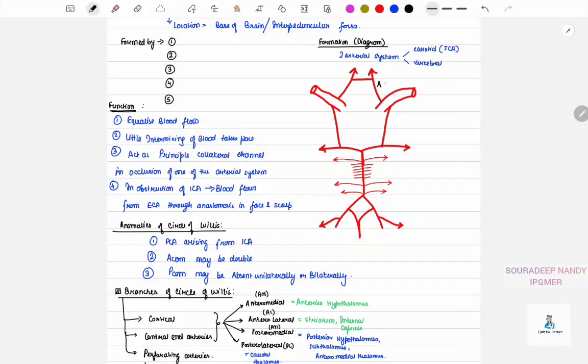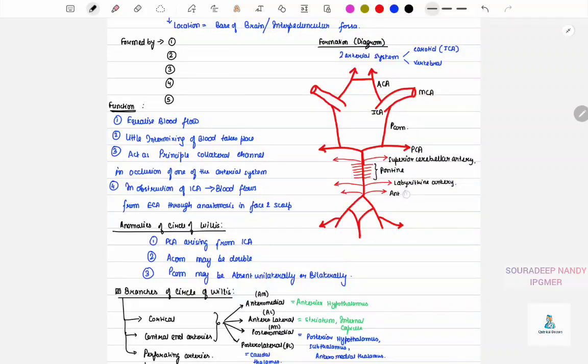So this is the anterior cerebral artery, this is the middle cerebral artery, this is the internal carotid artery, which terminates by giving two main branches, the anterior cerebral artery and the middle cerebral artery, and the posterior communicating artery. Remember, the posterior communicating artery is a branch of the internal carotid artery. Here is the posterior cerebral artery, here is the superior cerebellar artery, which is a branch of the basilar artery. These are the pontine branches of the basilar artery. This is the labyrinthine artery.